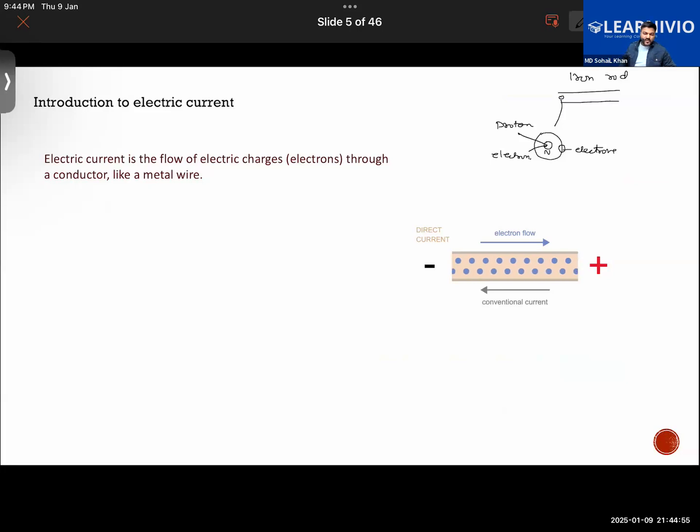So we have the ammeter. Electric current is the flow of electrons through a conducting material like a metal wire, for example copper, silver, aluminum, etc.